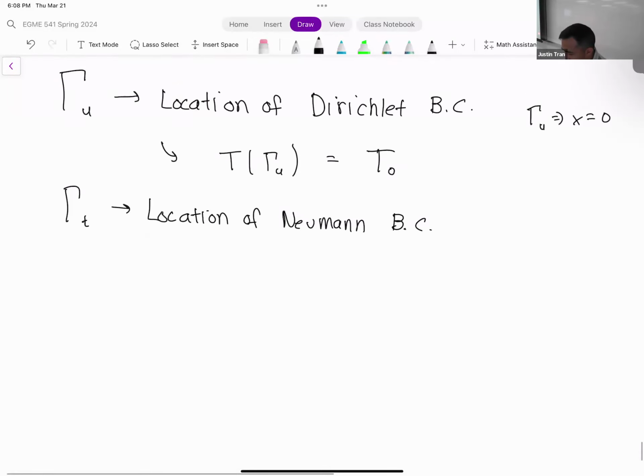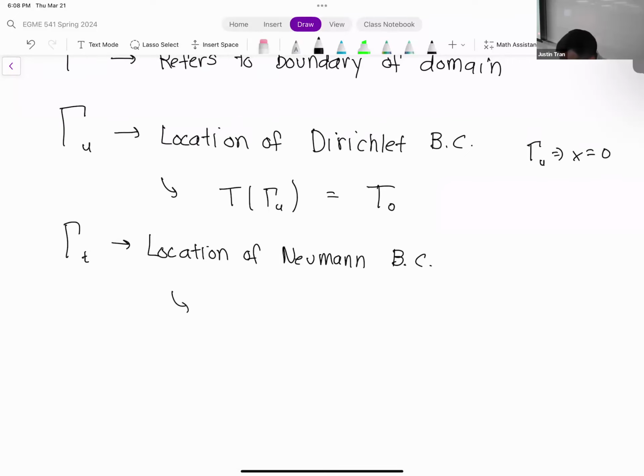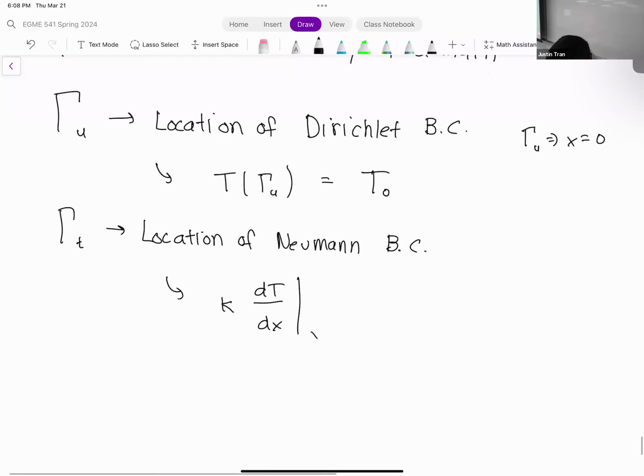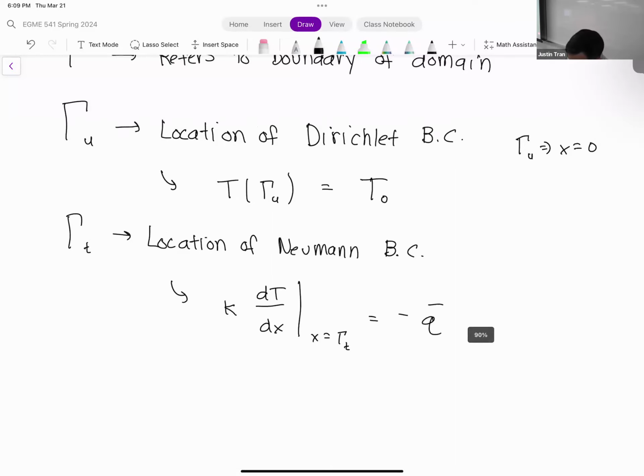And so to write the generalized form of our Neumann boundary condition, we have K times dT dx at x equal to gamma T is equal to minus Q bar.